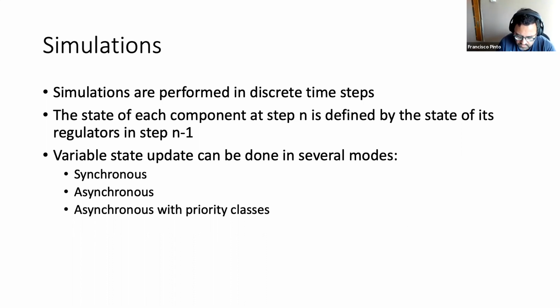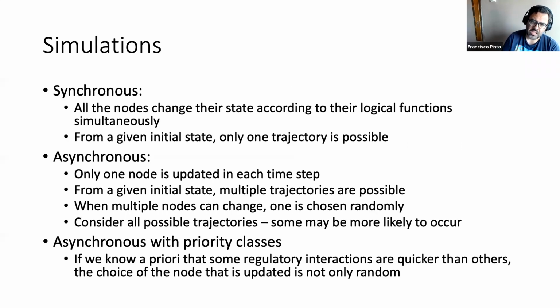So all the transitions in the quicker priority class will occur synchronously, or you can pick just one of the transitions in the high priority class. So you can still have variations in this update scheme. In the synchronous update, all the nodes change, and that means that if you start the simulation at some state of the system, only one trajectory is possible.